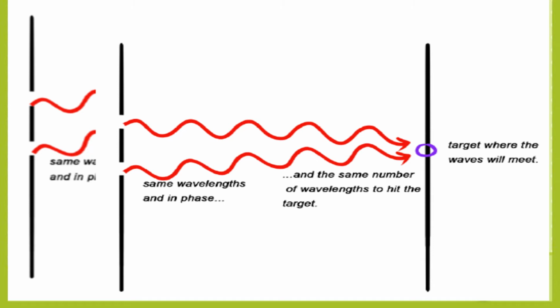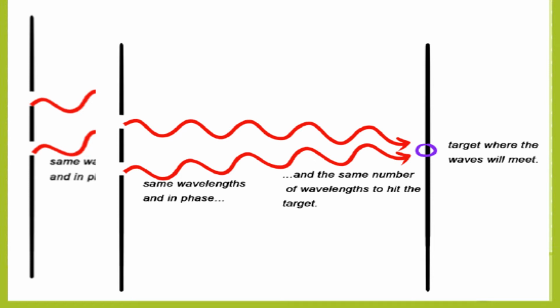Okay, class, take a look at this diagram or illustration. Same wavelengths and in phase, and the same number of wavelengths hit the target. So this is an example of constructive interference.